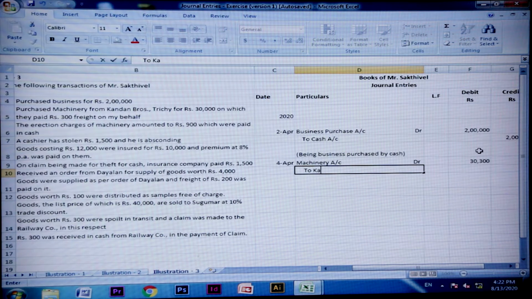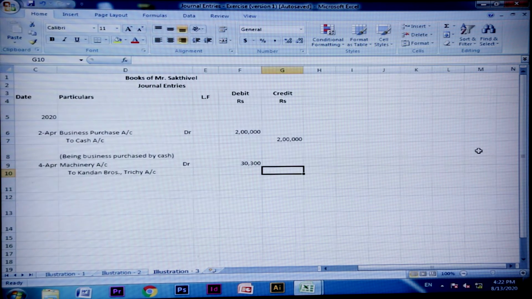As Kandan Brothers is a giver, credit the giver rule. So Kandan Brothers Trichy is credited for 30,300.